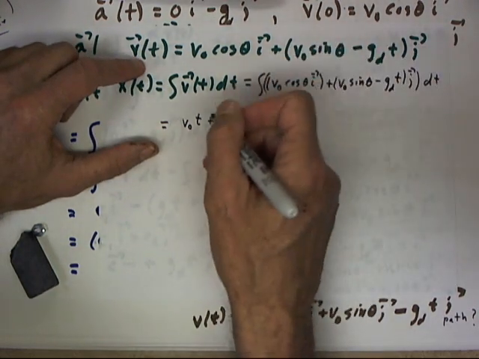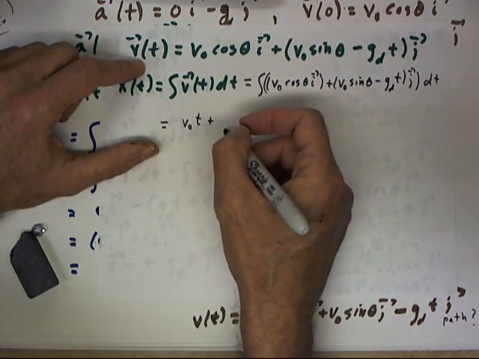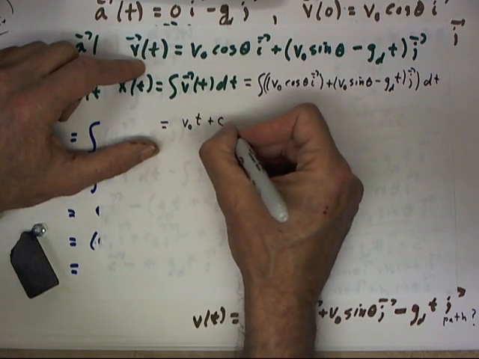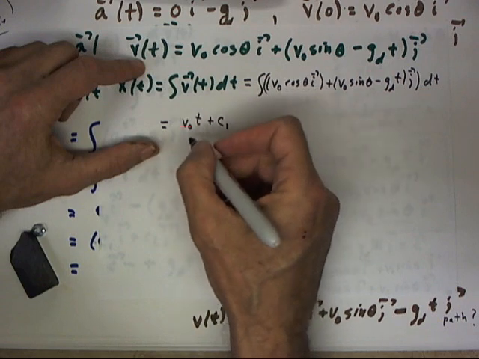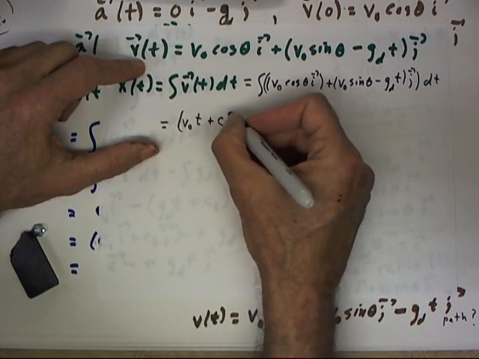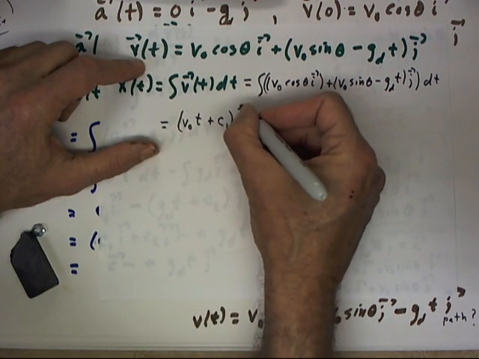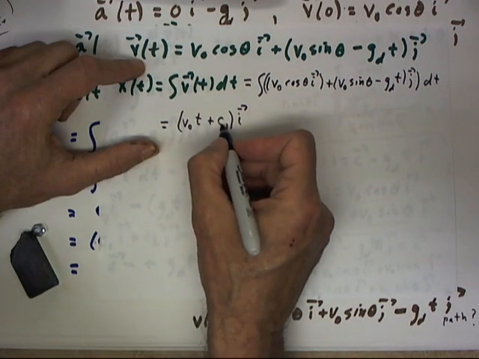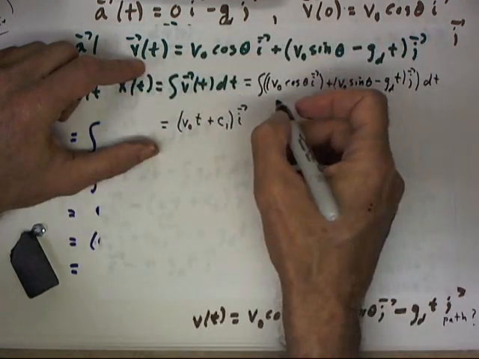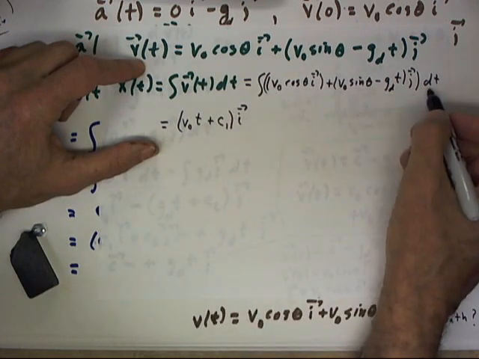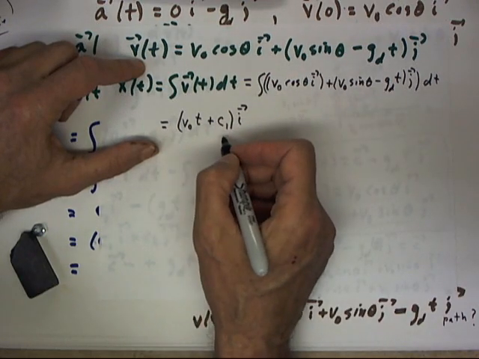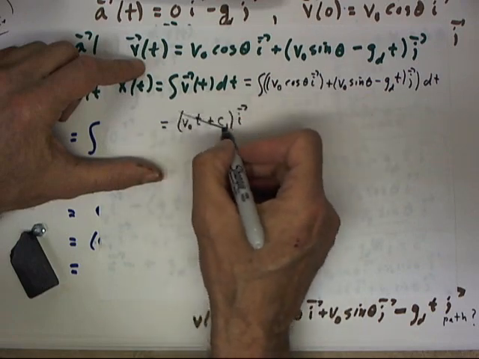Now, I used C1 and C2 for the constants before. I'm going to use C1 and C2 again. It's a different integration. This is not the same constant it was before. We're into a different problem. I would have used D, except I used D for the subscript on g. Anyhow, I didn't write this correctly, so I'm going to cross that out.